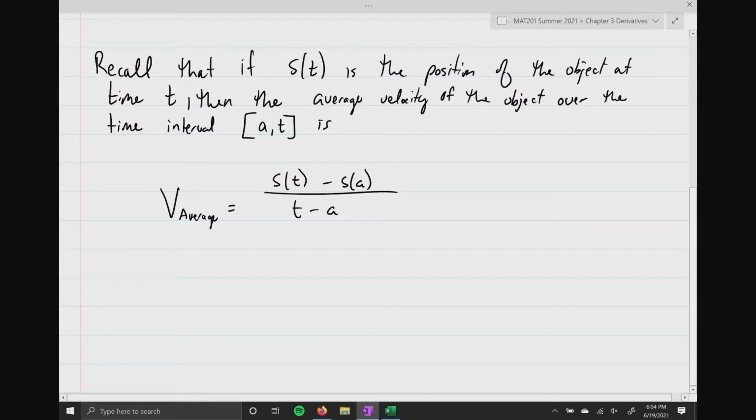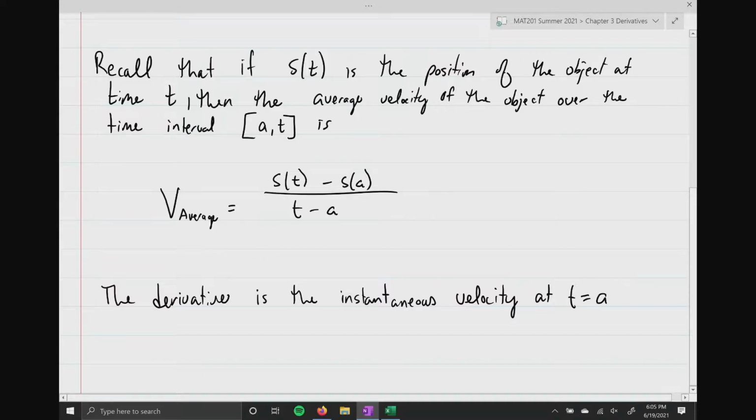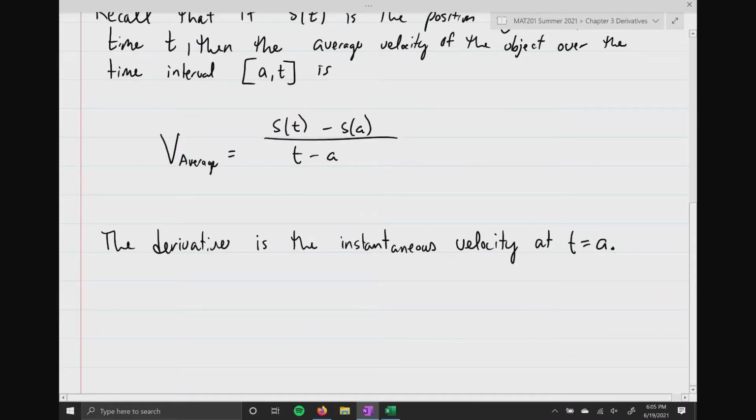The derivative is what we call the instantaneous velocity at t equals a. In other words, what we're saying here is this. With the average velocity, you need 2 points.